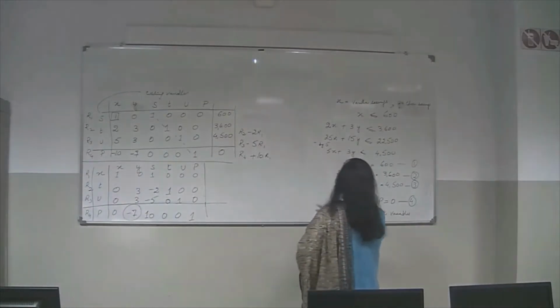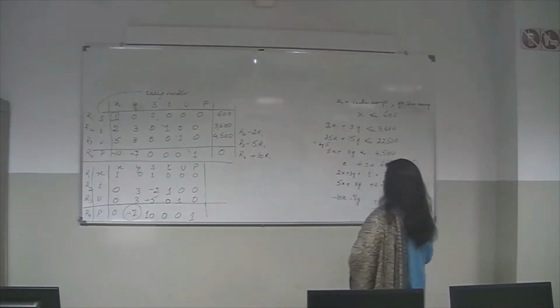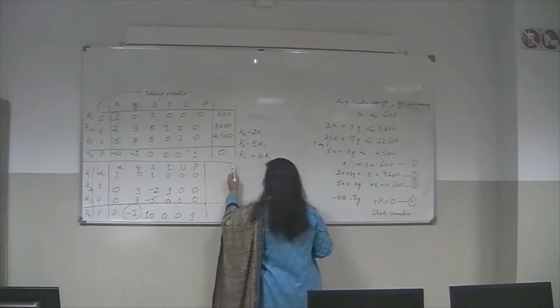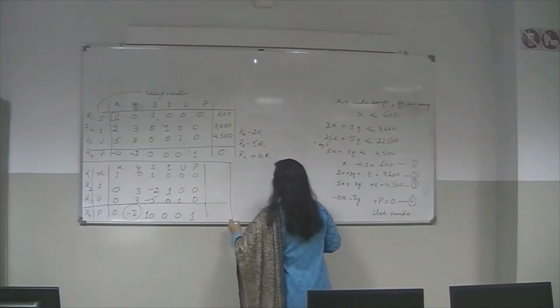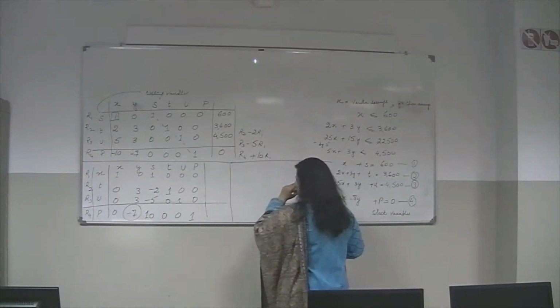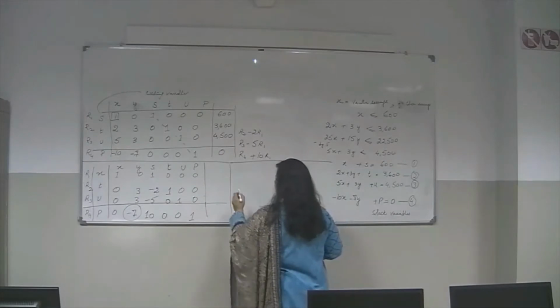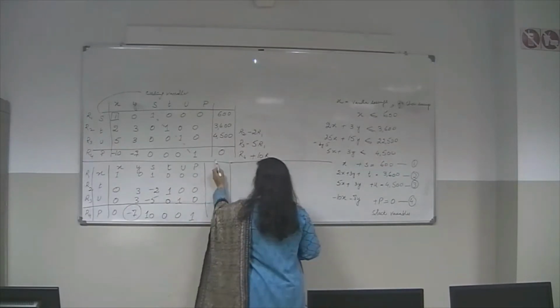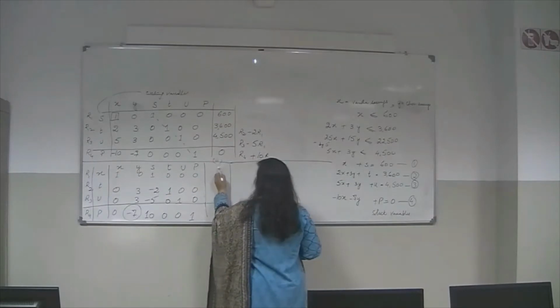Therefore, we are going to be drawing another table. And let me just draw another table here because of lack of space. So we have now, this is the third table. Okay, this is the third part. This is the second.